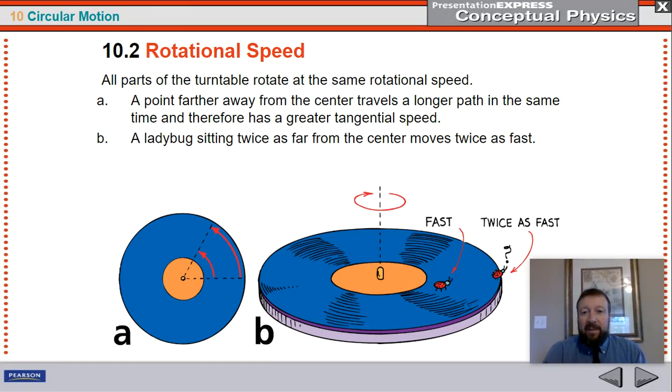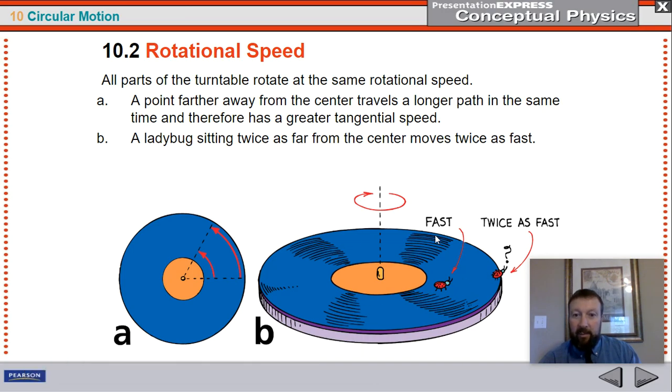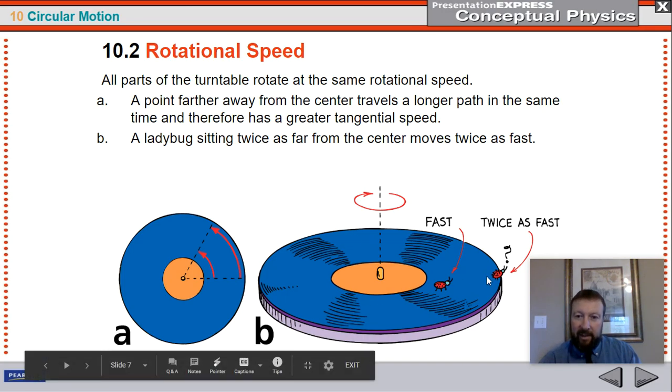So all parts of something moving in a circle are going to have the same rotational speed. If you look at the ladybug here, it's going to be moving here as it goes around. It's also going to be moving around in this spot. They're going to have the same rotational speed, because whatever time it takes to go around is the same amount of time for that ladybug to go around.